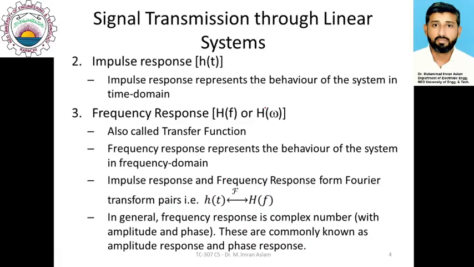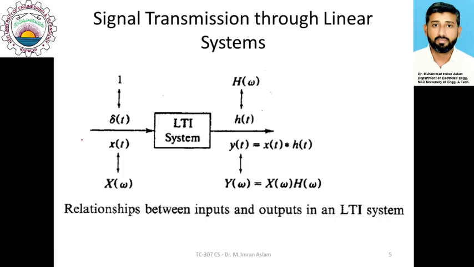I have shown this diagram of the different representations of the system. In the time domain we represent the system by the impulse response, whereas in the frequency domain we represent the system by its frequency response or transfer function.